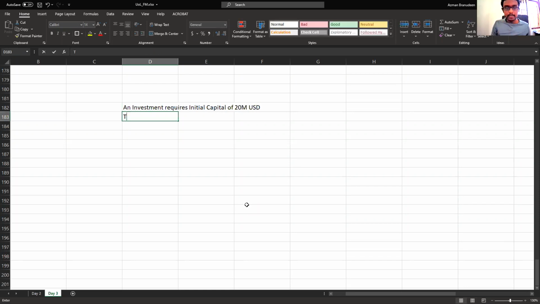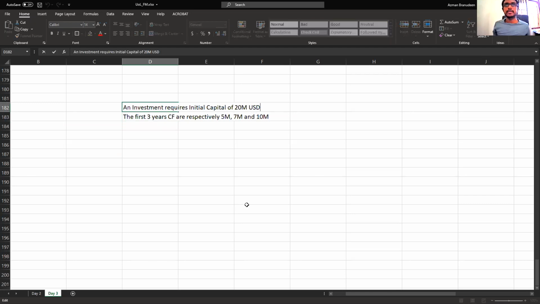The first 3 years' cash flows are respectively 5 million, 7 million, and 10 million.